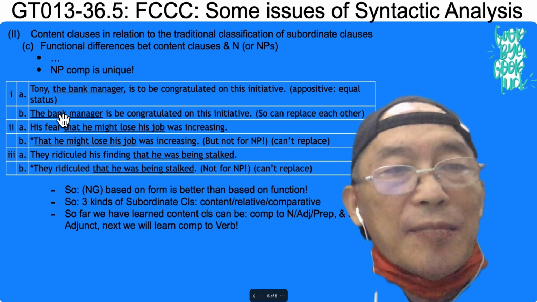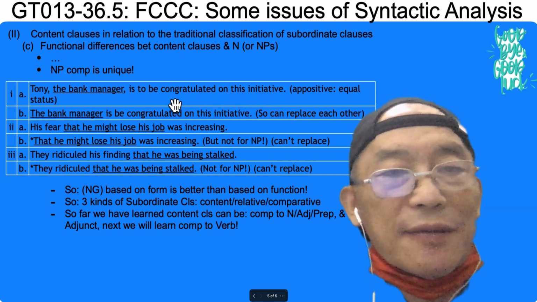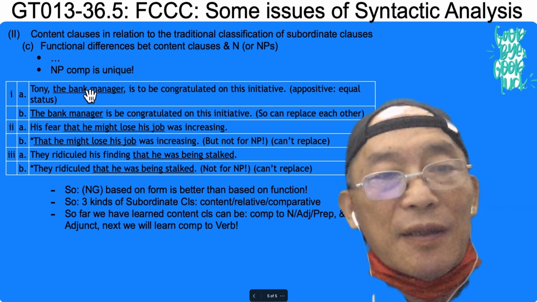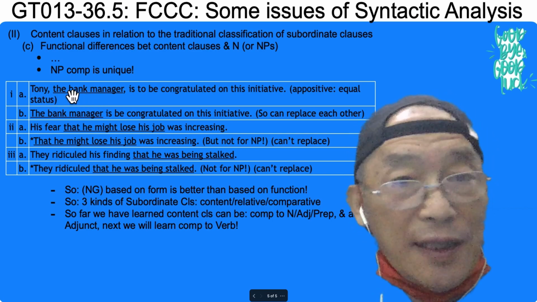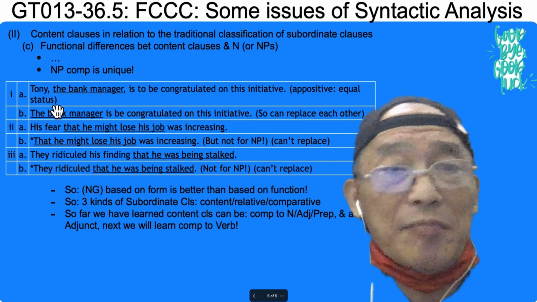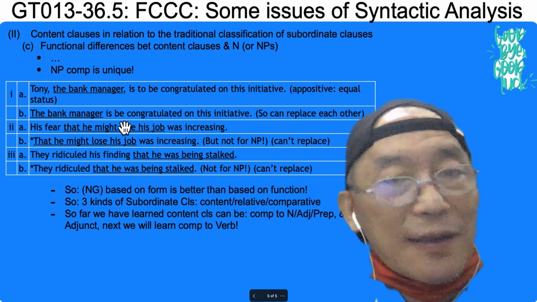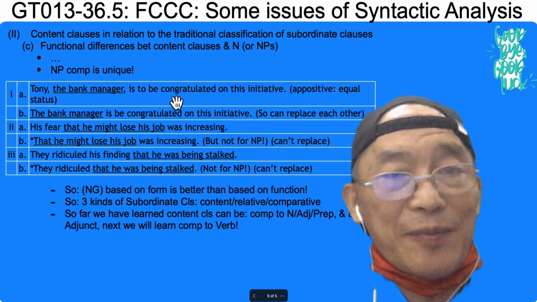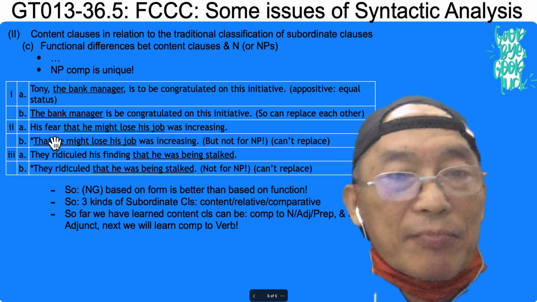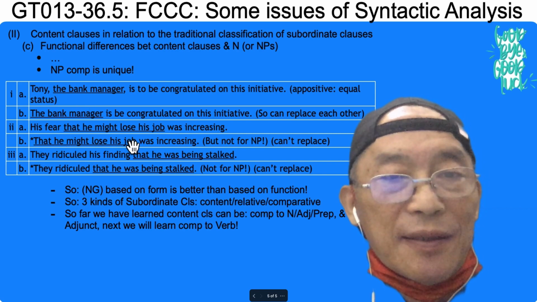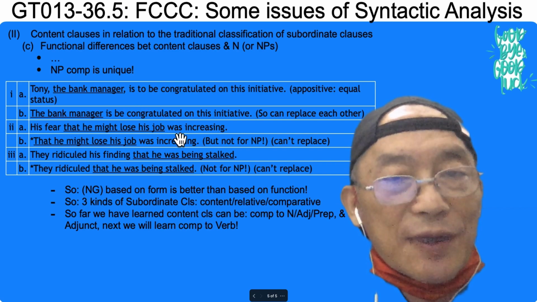And let's check. Tony, the bank manager, is to be congratulated on this initiative. So for A positive, they are equal. They can replace each other. So the bank manager is to be congratulated. That's fine. Tony is to be congratulated. Yeah. So they can replace each other. His fear that he might lose his job was increasing. So his fear was increasing.